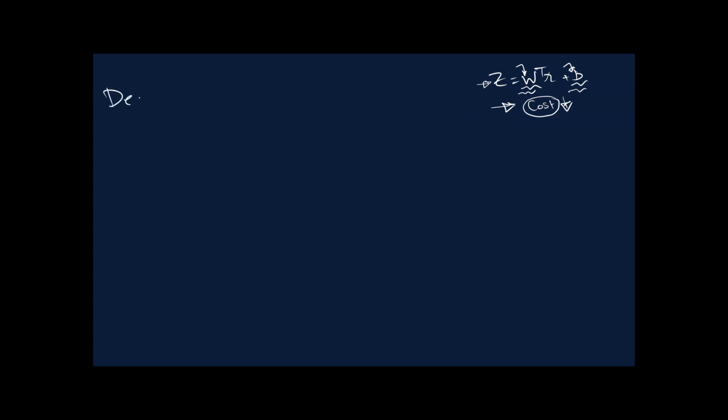So decision trees are, as I said, slightly different. Of course, they are still trying to do a classification. So let's say that we have our data scattered like so, and we have two classes.